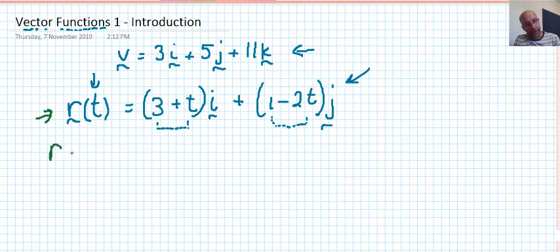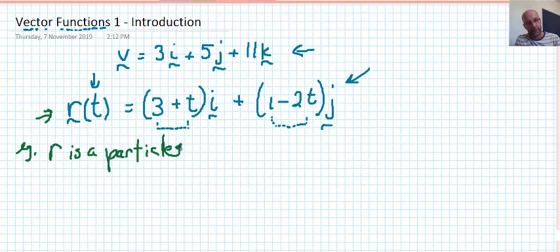So if r is a particle, okay, we often use that concept of particle because it sidesteps all of the physical issues with things moving around. So it's something that's infinitely small, and you don't have to worry about distribution of mass and air resistance and all those real life things. It keeps it purely as a mathematical simplified model.